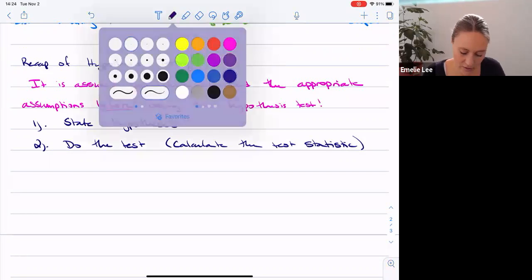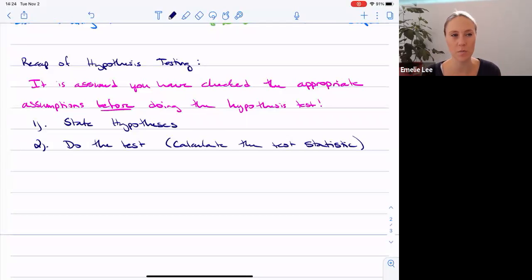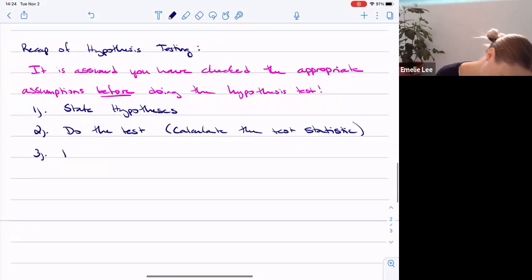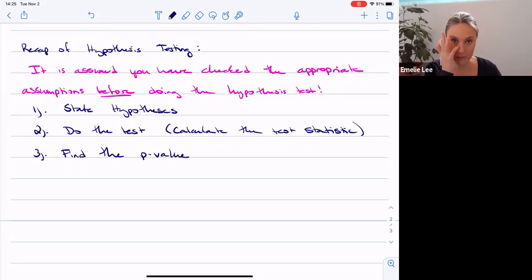And then the third step is, let's assume that we're doing a formal hypothesis test with p-values. Then, of course, you're going to find the p-value. Okay.